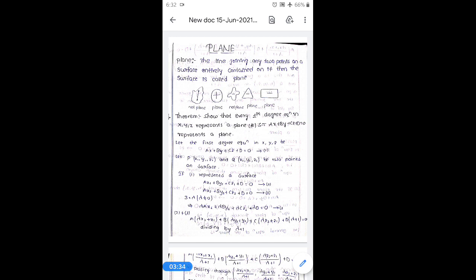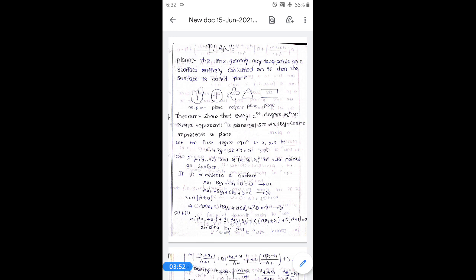What is the definition of a plane? If the line joining any 2 points on the surface is entirely contained in the surface, then the surface is called a plane.